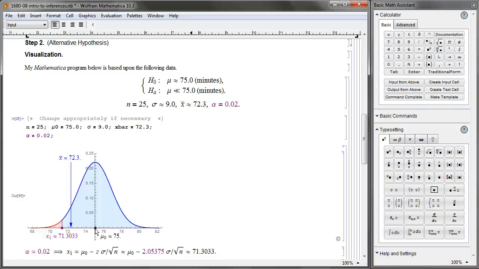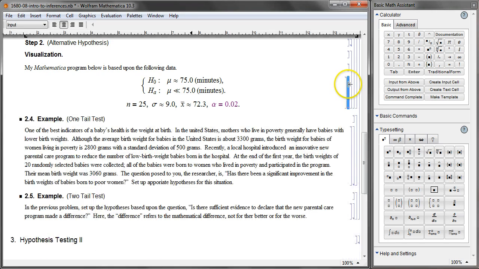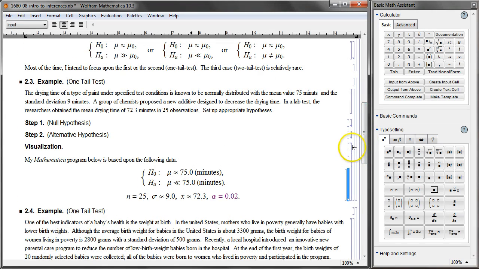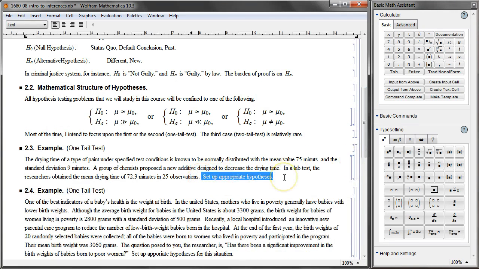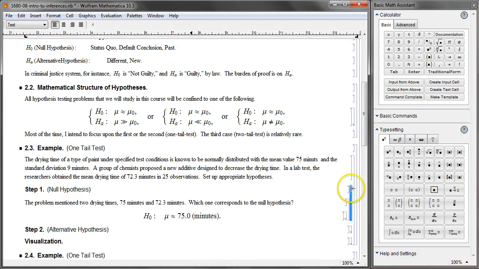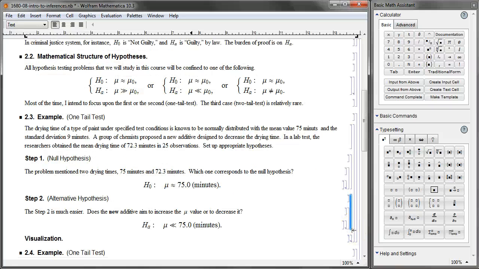If it is close enough to the null, then you're going to select the null hypothesis and reject the alternative hypothesis. If it is sufficiently far away, then we're going to accept the alternative hypothesis and reject the null hypothesis. That's something we'll have to discuss a bit later. But at this moment, let us concentrate upon just setting up appropriate hypotheses. So null and alternative hypothesis. Oh, by the way, why did I close everything? This is null and that's alternative.